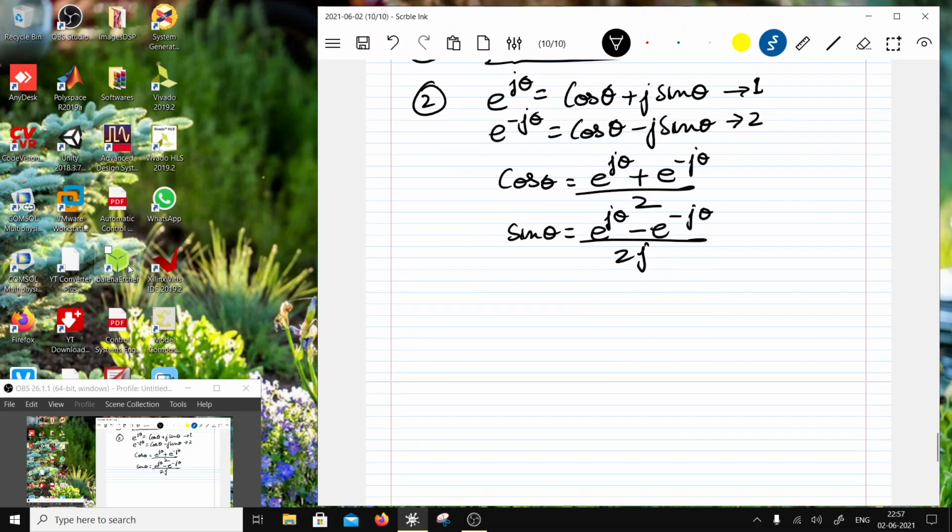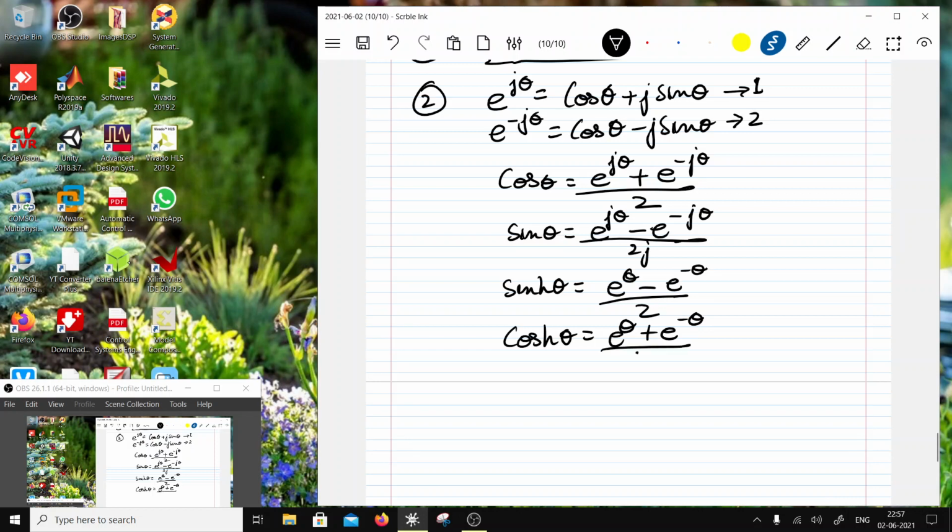Okay, and if I was to look at the equivalent sine hyperbolic theta, that will be e raised to theta minus e raised to minus theta by 2. Sorry, not j theta. And cos hyperbolic theta is going to be e raised to theta plus e raised to minus theta by 2.